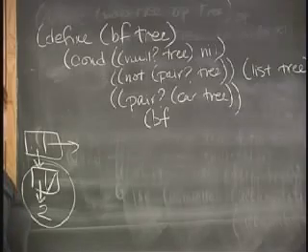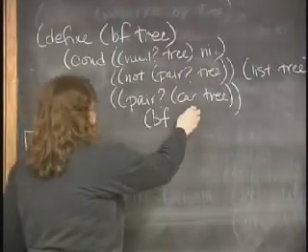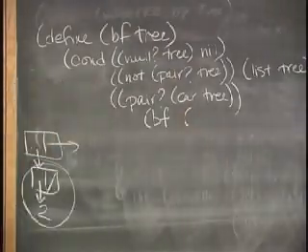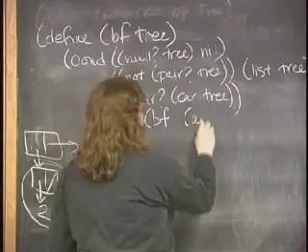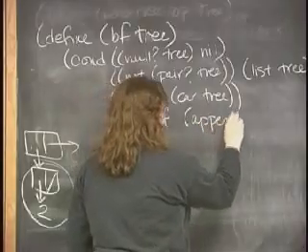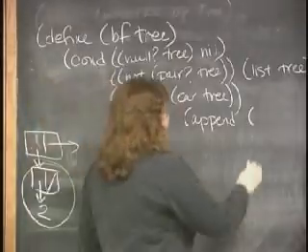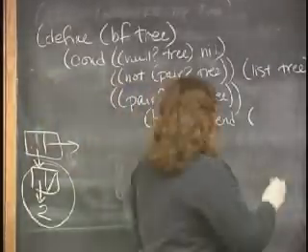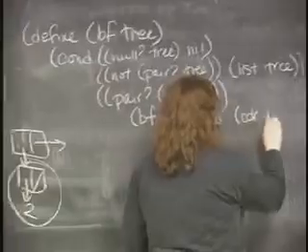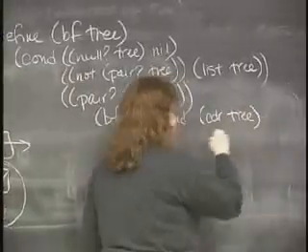Okay, so our recursive call will be breadth first applied to what? Append of cdr and car. I hear cdr and car. Take the cdr of our tree.